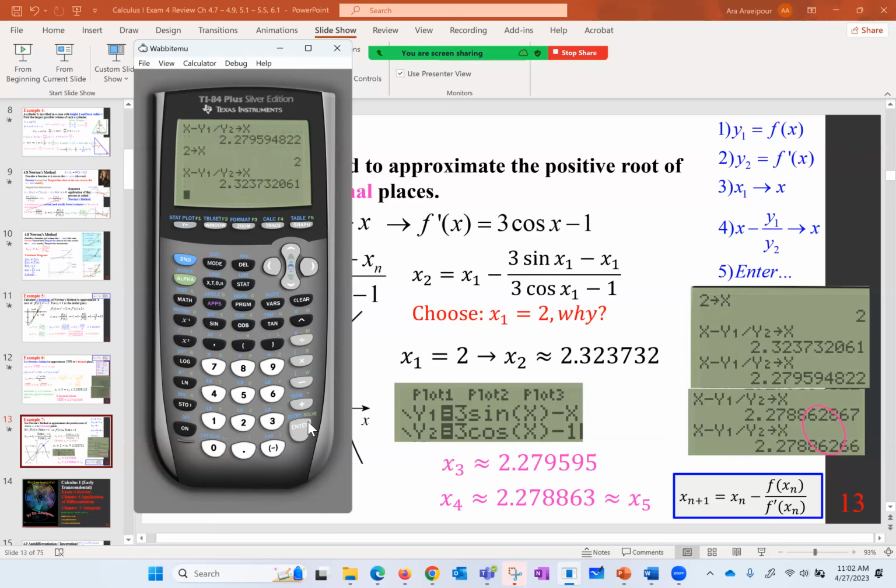If I press enter again, it gives me the next number, so on and so forth. I just wanted you to be exposed to that. So this is how you use the calculator for programming.